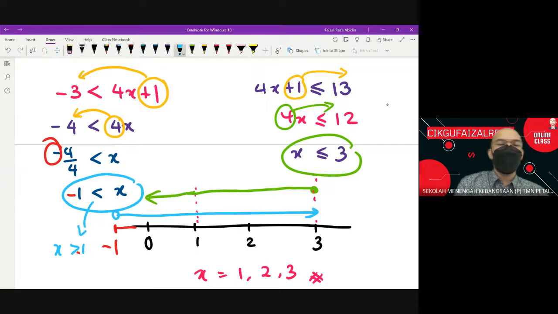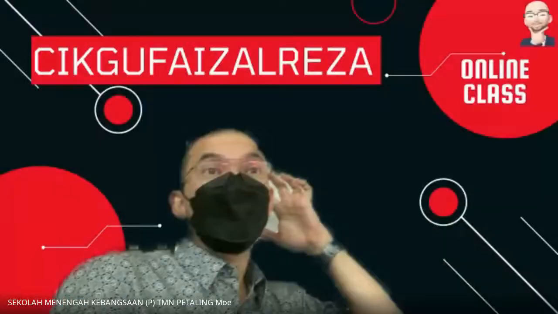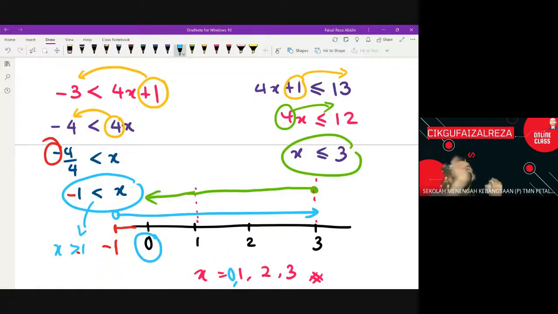So what am I going to include here? -1 is not included because it's more than -1. So sorry, my mistake there. Careless mistake. -4 divided by 4, straight away I put 1 there. Okay, be careful.